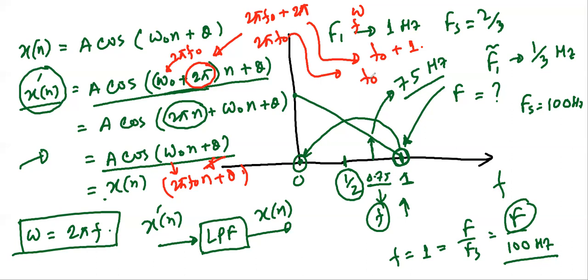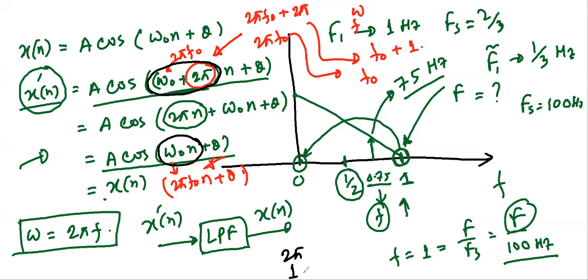So in various ways, we can show that this frequency and this frequency have a distance between them. In the omega scale it is twice pi, and in the small f scale it is 1.